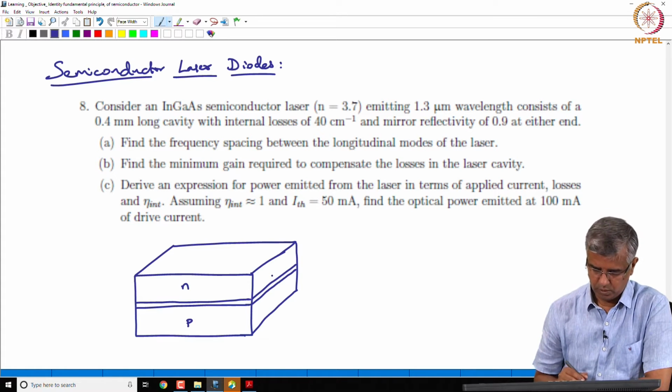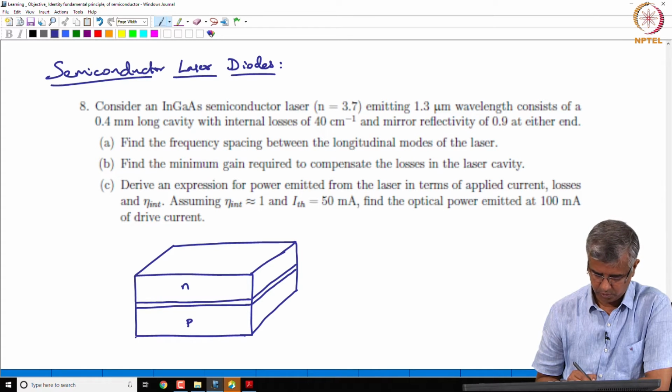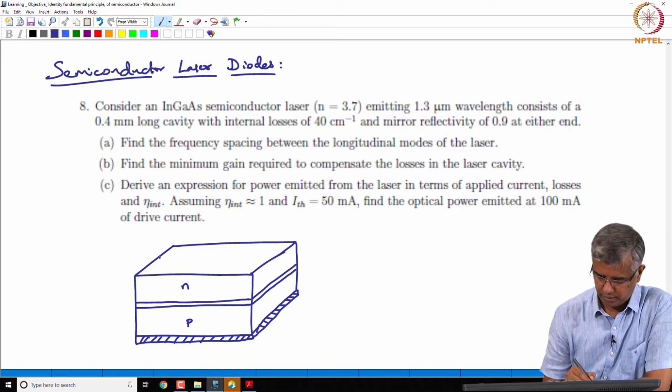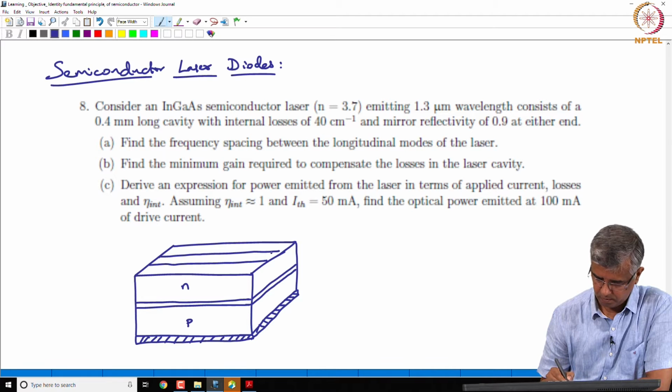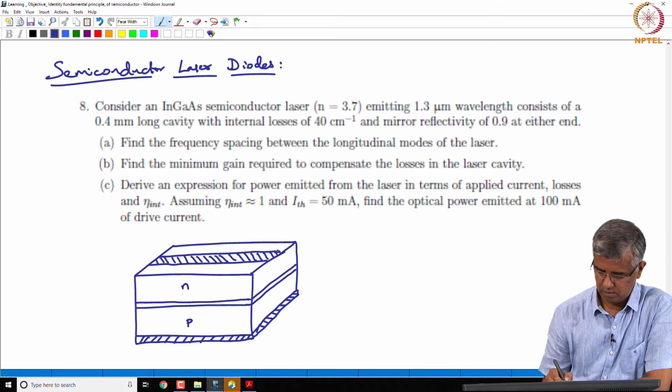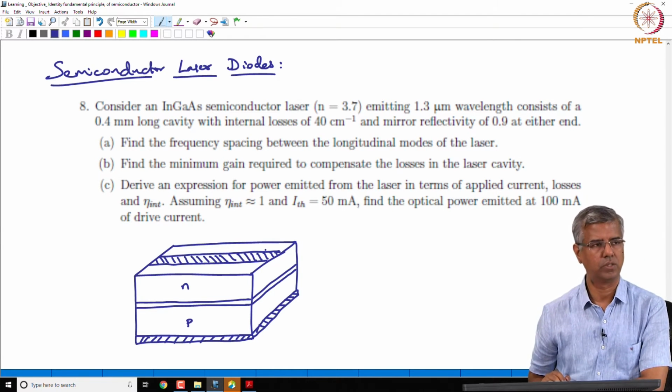And in order to have a current injected, what you normally do is you have a contact layer here, and then you define a stripe in the top region as well. That is basically a metallic contact to which you can connect an external source.